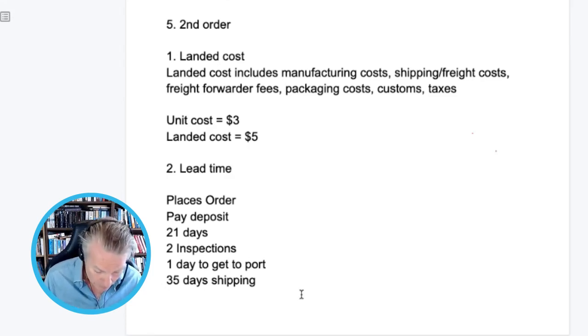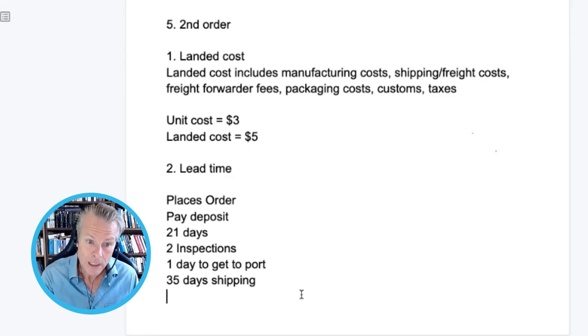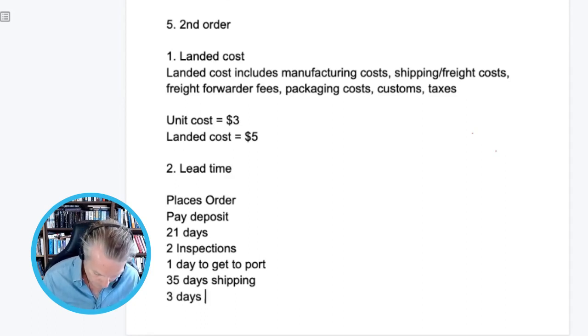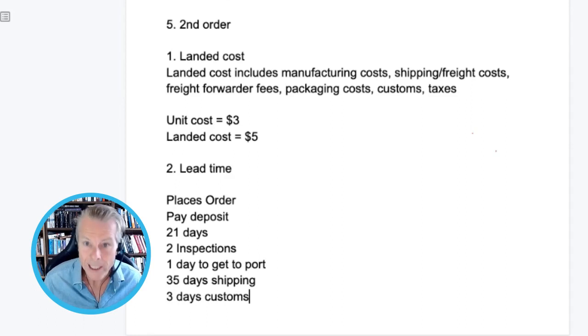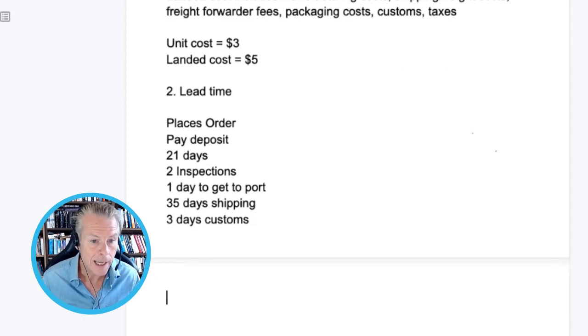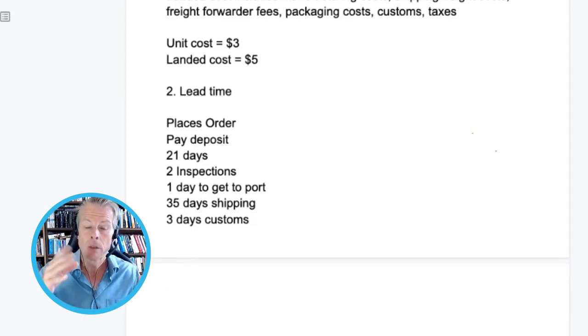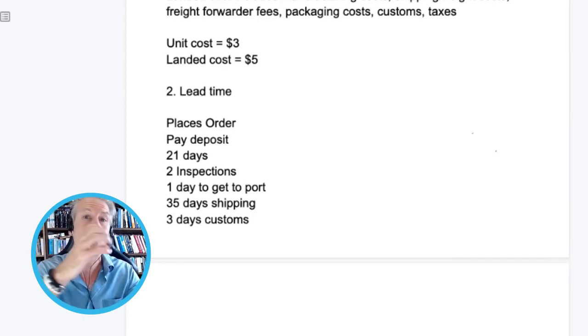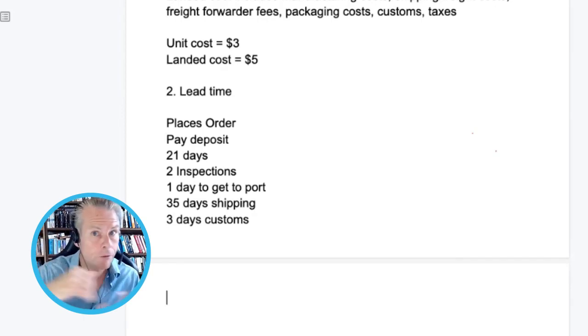So it's got to go through customs and it's got to get inspected and go through that process, bonding, fantastic. So that typically takes 3 days, customs, bonding, etc., that Adam very smartly said. And then it's now officially in America.